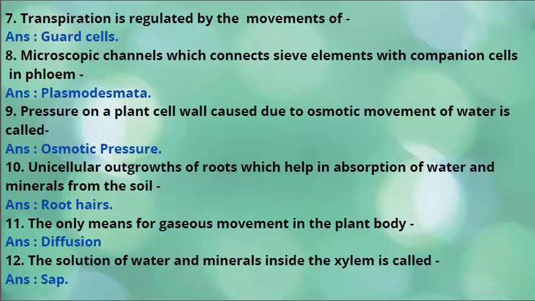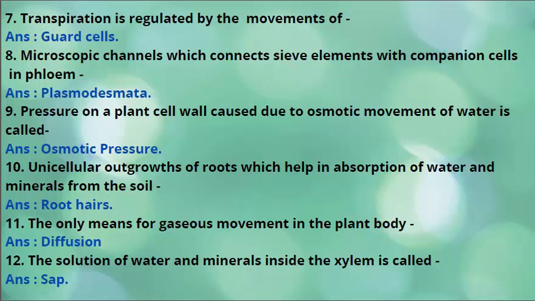Osmotic pressure is the pressure which develops due to the process of osmosis, and the cell enlarges and swells up in size due to absorption of water molecules, and due to this the cell membrane exerts a pressure on the plant cell wall. This pressure is known as osmotic pressure.